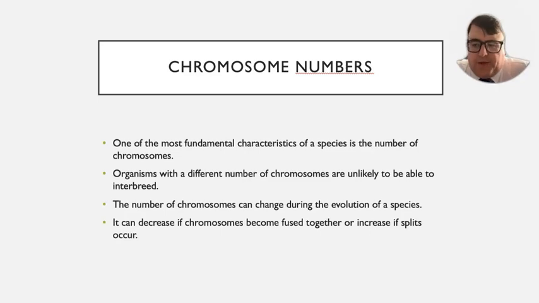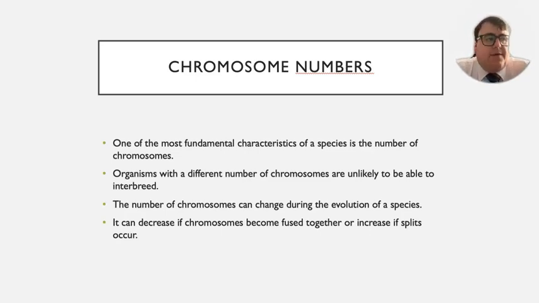Humans have 46 chromosomes, and a lot of the great apes have only 44. That means they've got 2 fewer chromosomes, so we can't breed together, because when you go to those haploid cells, you've got 22 and 23, and they can't come together to form 23 pairs or 22 pairs. So those species can't breed together.